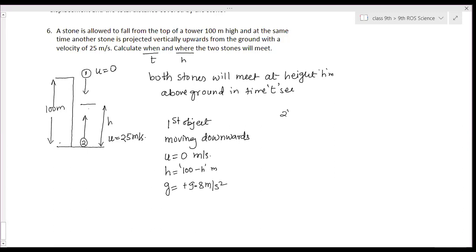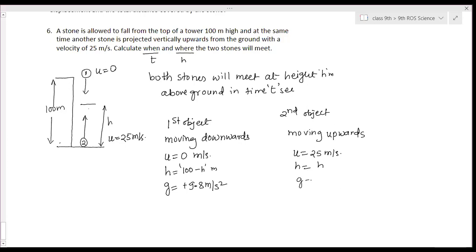Now the second object, the second stone, moving upward. First listen and then write down; don't keep writing. Here the initial velocity is already given, 25 meters per second. It has covered a distance of h meters from the ground.